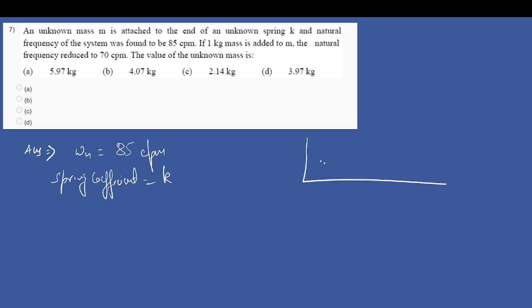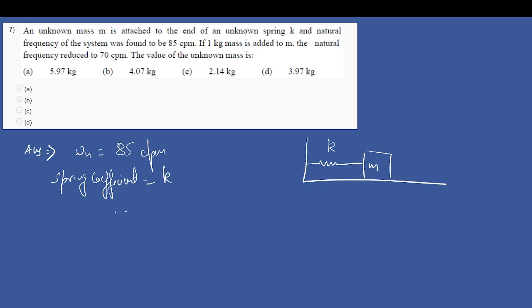So the system is given like this: you have a spring, this is your mass m, and your spring is k, and the natural frequency of the system is found to be 85 cpm.